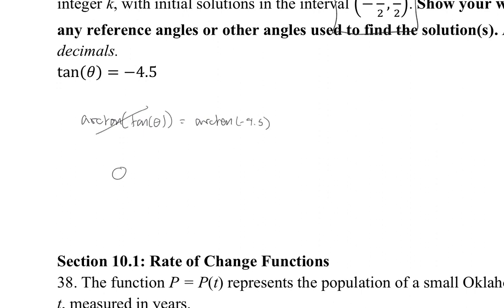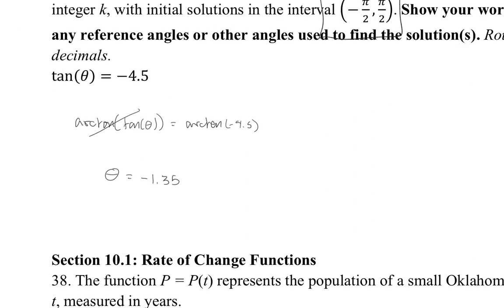This is just going to leave us with theta. And then evaluating the right-hand side, that is going to yield a value of -1.35. And that's where we're going to leave it for now. So this is the in the interval solution.